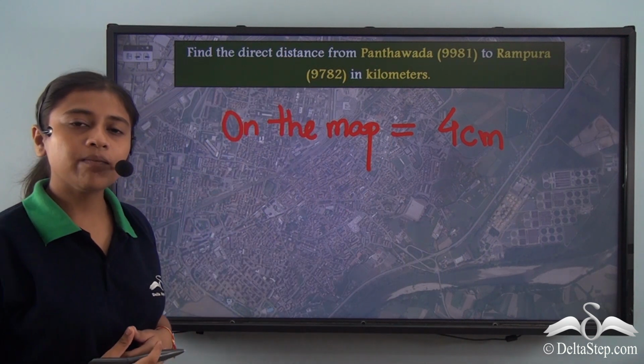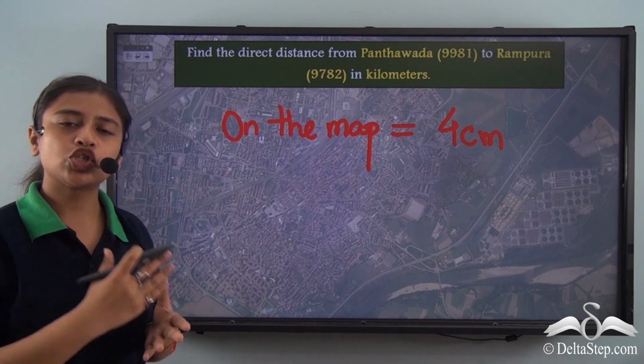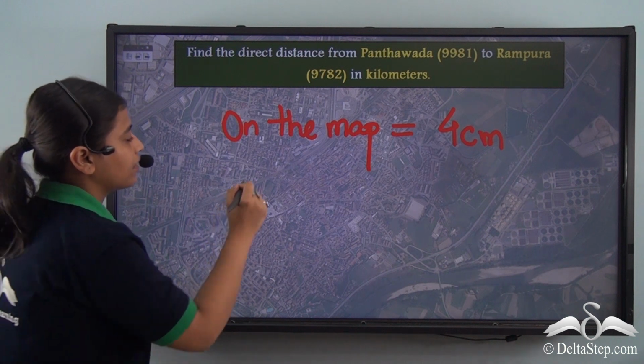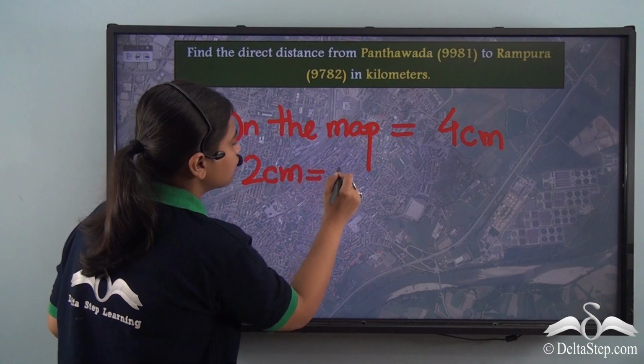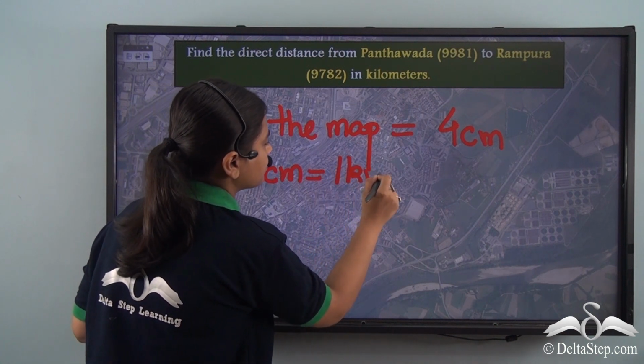Now what do we know? We know that the scale of the topographical map is 2 centimeter equal to 1 kilometer.